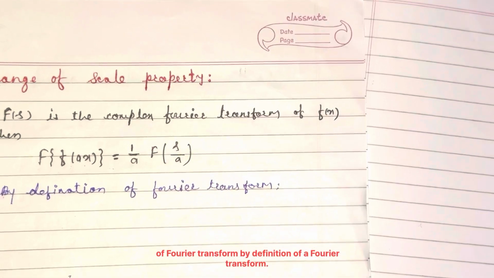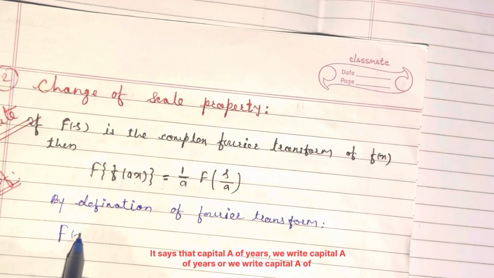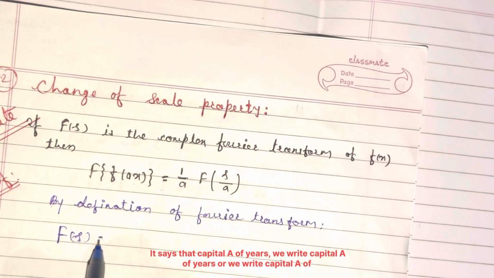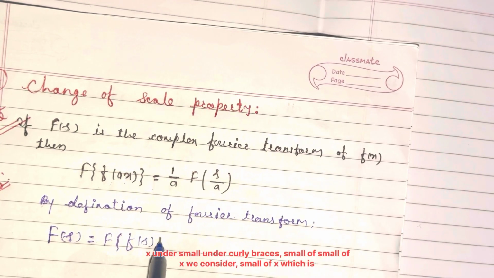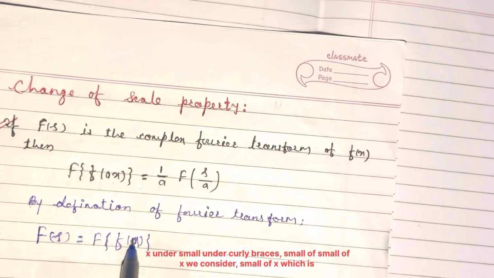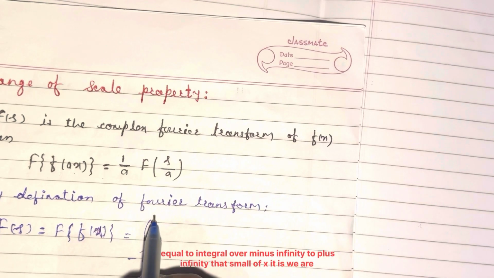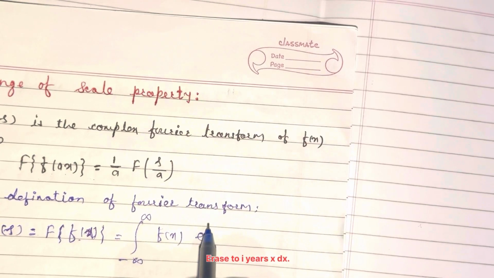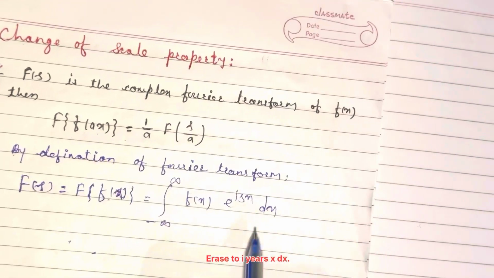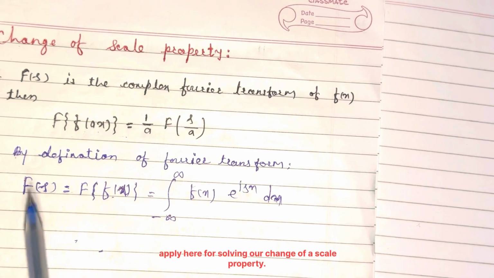By definition of a Fourier transform, we write capital F of s, or capital F of small f of x, which is equal to the integral from minus infinity to plus infinity of small f of x e raised to isx dx. This is our definition or formula for the Fourier transform, and I am going to apply it here for solving our change of scale property.